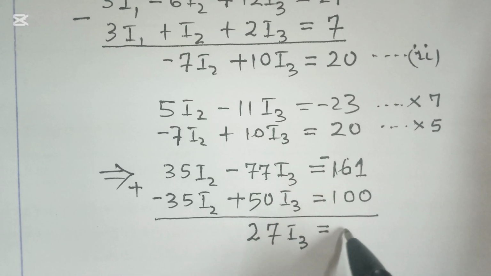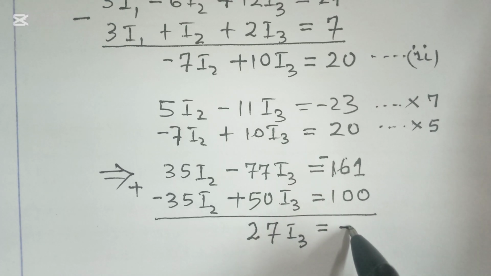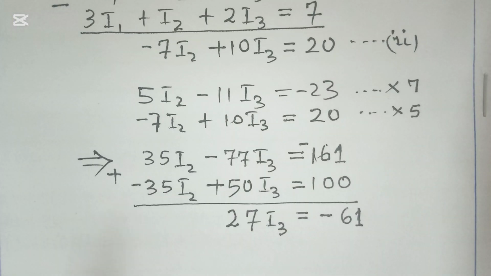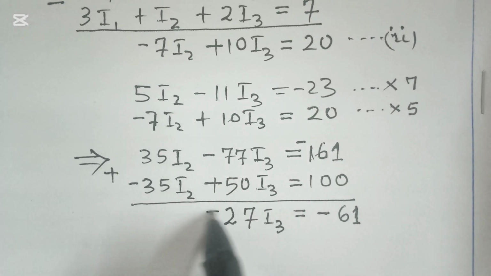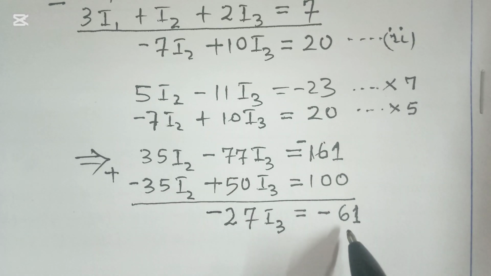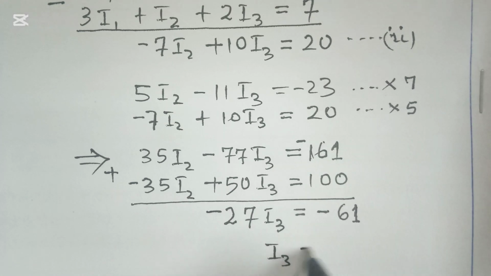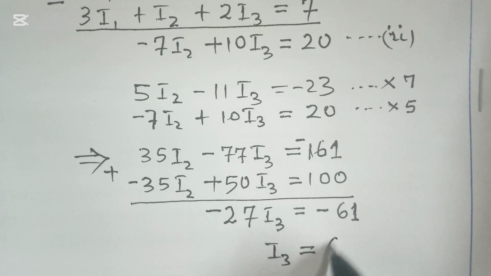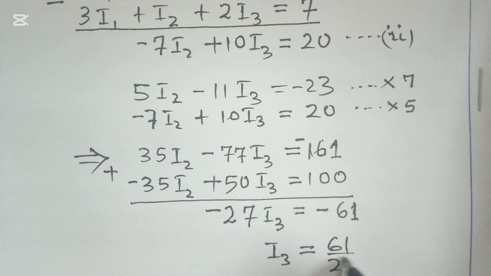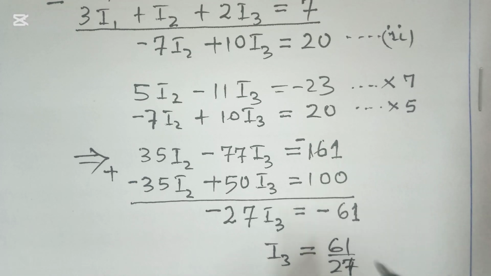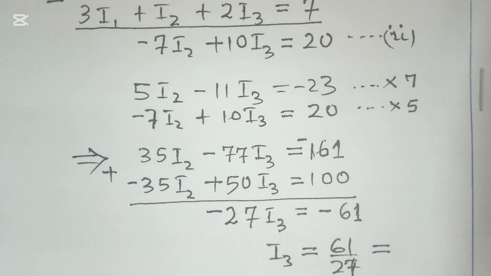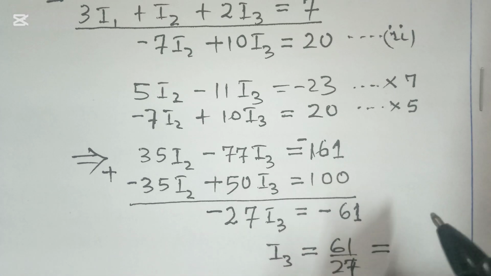We shall get minus 61. Now we can divide. We shall get that I3 will now be equals to 61 divided by 27. The negative signs will cancel. So 61 over 27 gives us 2.25.